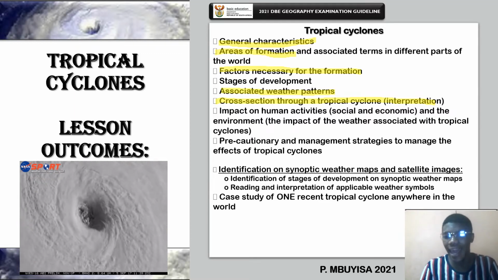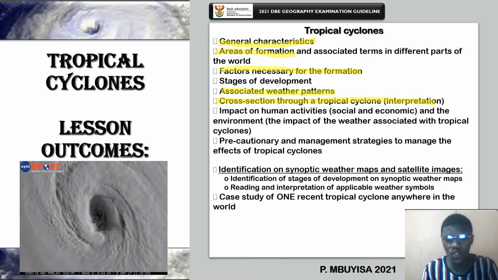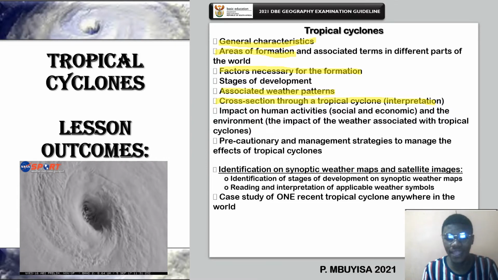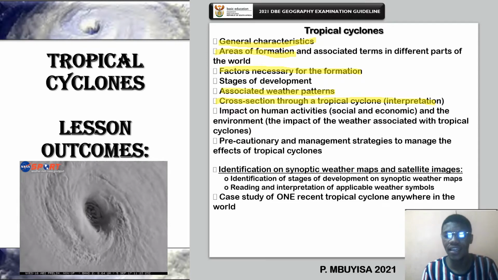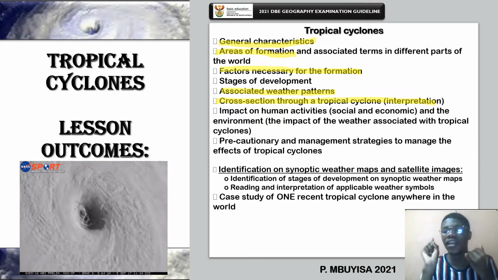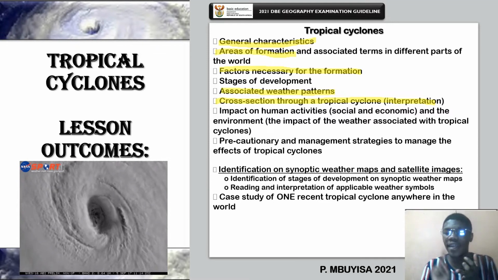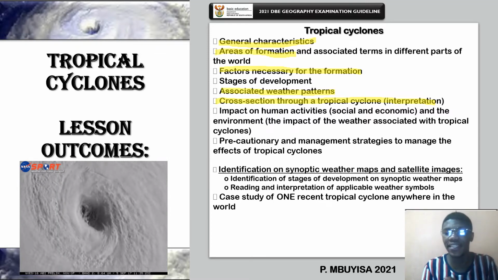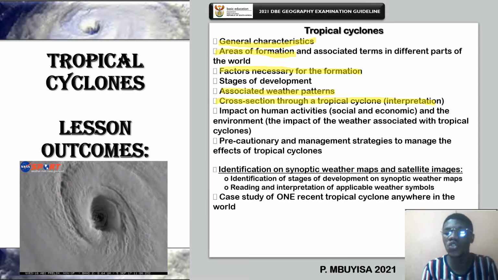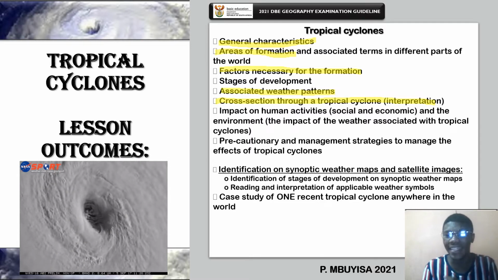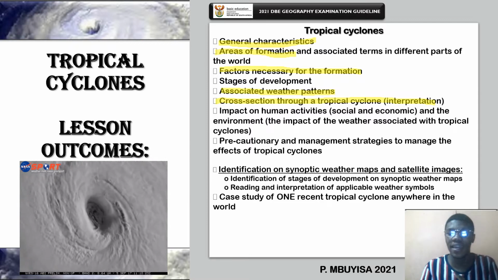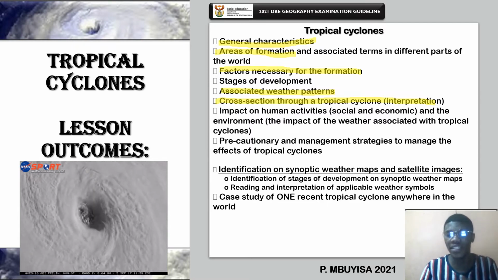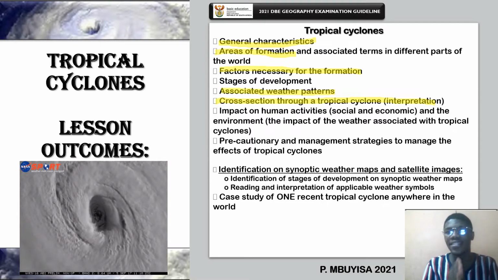That's why the weather conditions associated with the eye are that we don't have cloud cover, we don't have winds. The air that is there is warm. Why is it warm? It's because of adiabatic heating. We're fine with that. And we say that we have stable weather conditions because there's no precipitation taking place there.